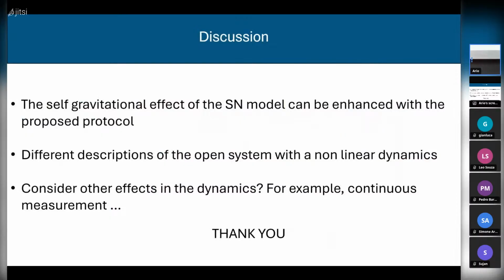The work is centered on a way to enhance the difference between the Schrödinger equation and the Schrödinger-Newton equation, and we also consider different descriptions and prescriptions to deal with an open system, when the object we are looking at is interacting with the bath. In the future we are going to explore, or maybe it can be done for, other effects in the dynamics, for example introducing some continuous measurement on the object and so on. So that's it. If you have any questions, I'm here to answer.